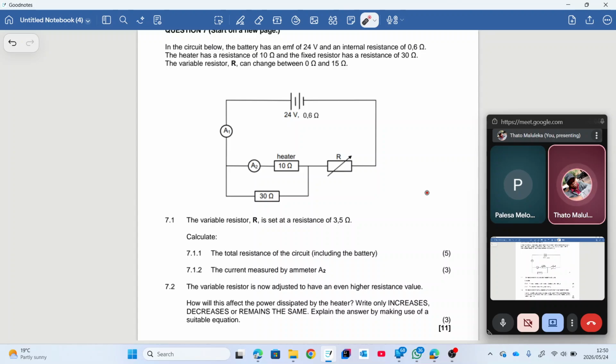The variable resistor R can change between 0 and 5 ohms. The variable resistor R is set at a resistance of 3.5 ohms. Calculate the total resistance of the circuit, including the battery.